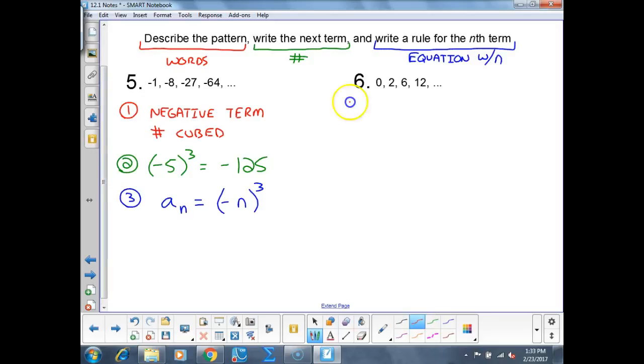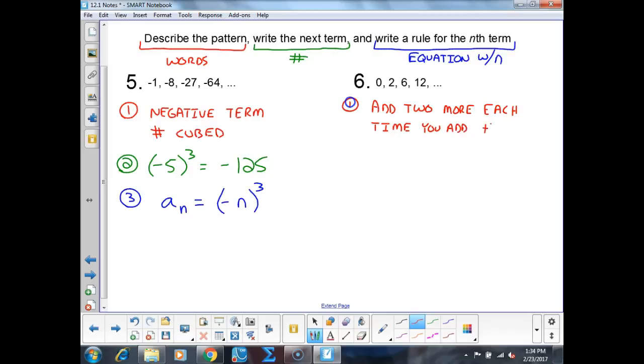So you're telling me the pattern here is you add 2 more each time you add.